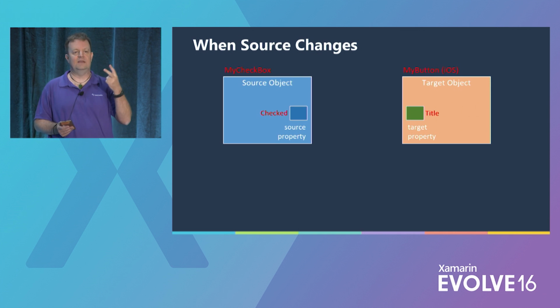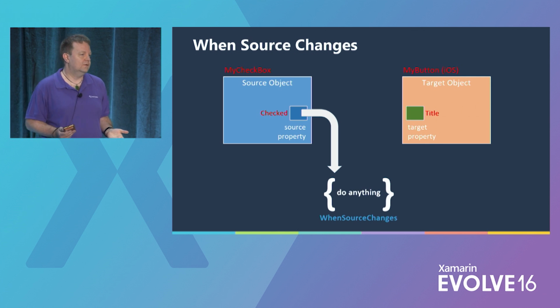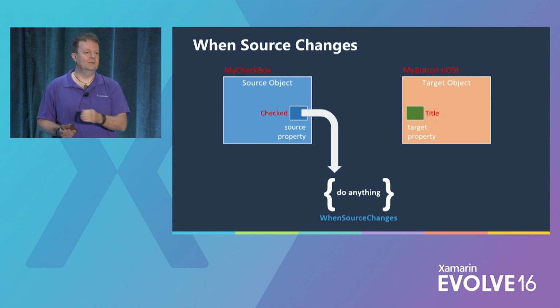And setTitle takes the title, the string, and it also takes the state to which this text corresponds. So basically what you're going to do, you're going to define when source changes. You pass an action, which is the code that you want to execute. And inside there, you can do whatever you want. Okay? So like I said, historically, it comes from iOS button setTitle. But basically, you can use it for any code you want.